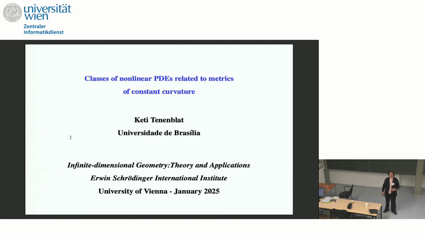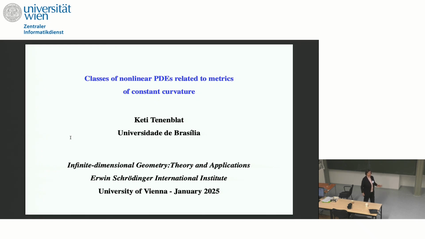And all these equations are related by the fact that generic solutions of these equations define metrics on open subsets of the plane whose Gaussian curvature is -1. There is also a parallel theory for positive curvature, but during all these years working on this kind of theory, we find that the -1 is richer than the positive.